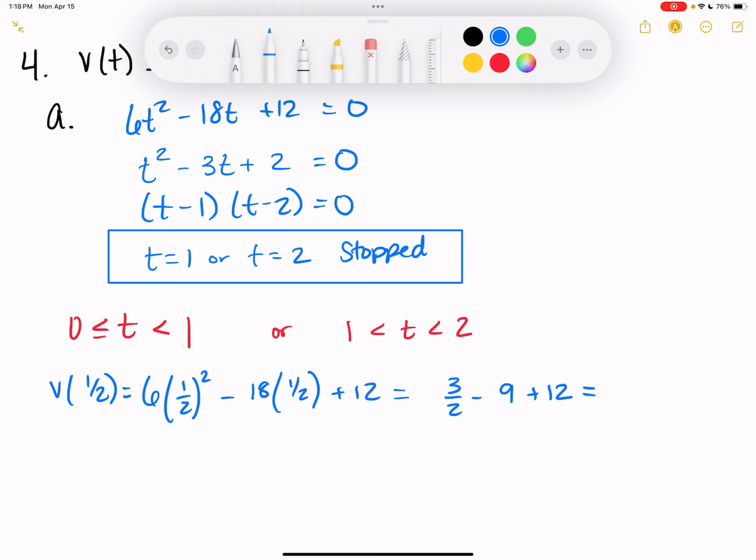It's going to end up being 4.5. Now what is that? Which way is it moving? So that means this first interval is moving right.